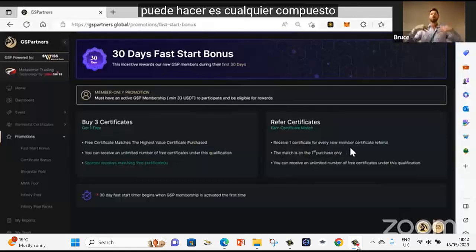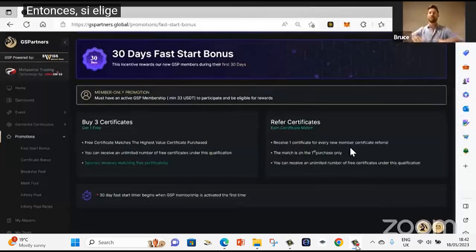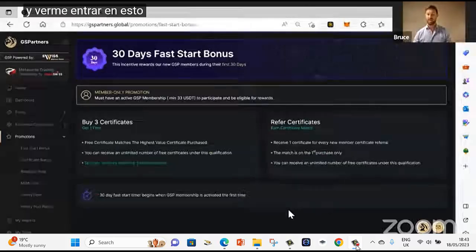So we want to reward people for taking action in their first 30 days of either buying or referring in order for you to get the most value possible. That is the fast start bonus. I would encourage all of you to have a look at it, to activate it with a 33 USDT and take advantage of what's currently on the table.